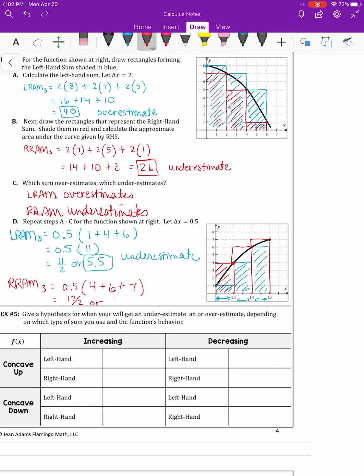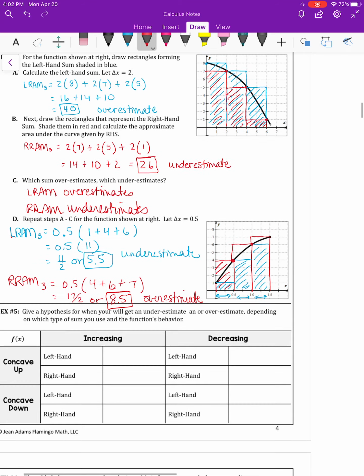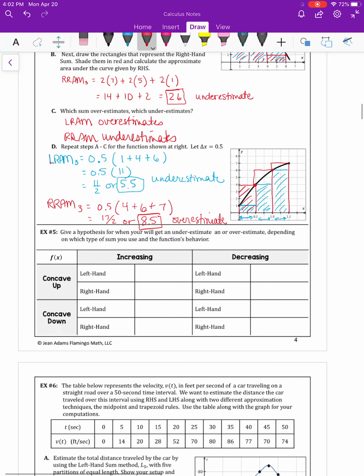They all have a width of 0.5. So the first one is 4. Next one is 6. And the last one is 7. So this is going to be 17 halves, or 8.5. And that is an overestimate.